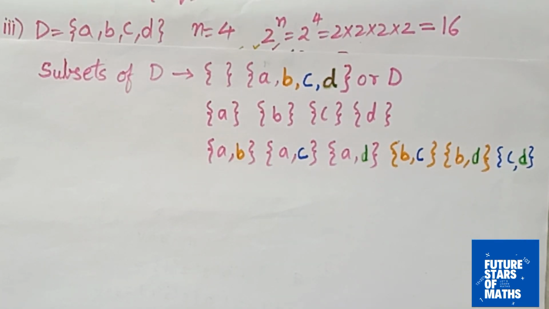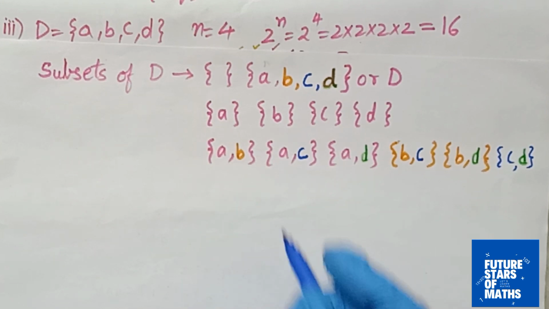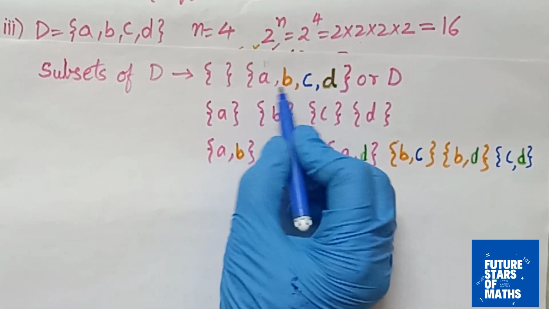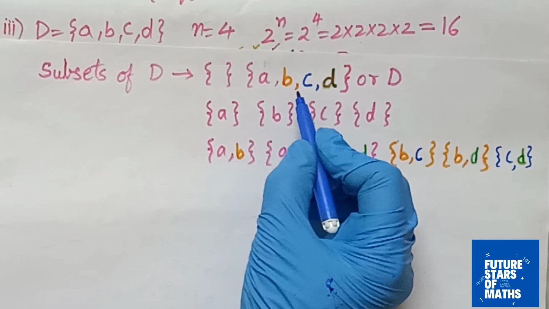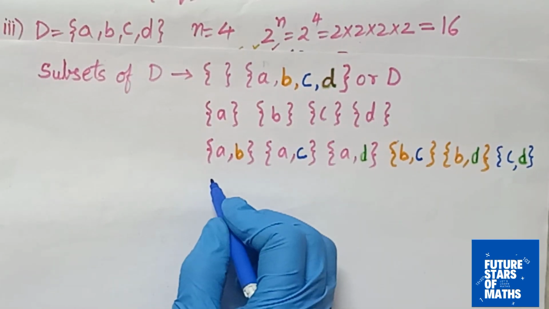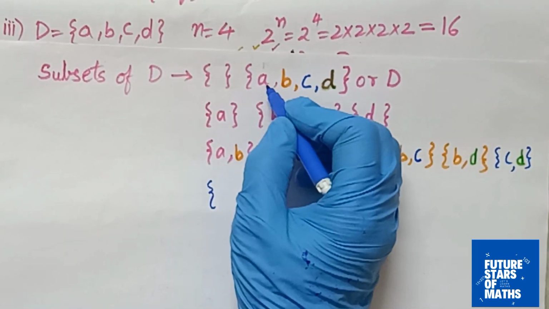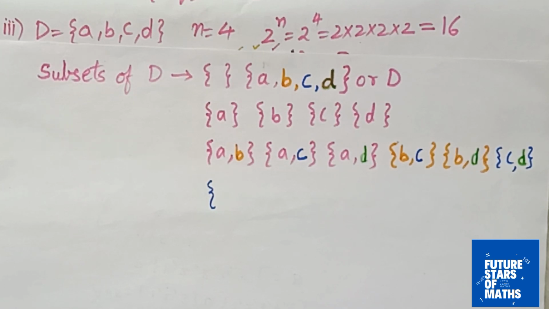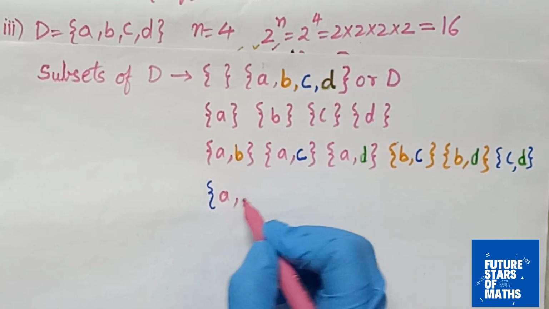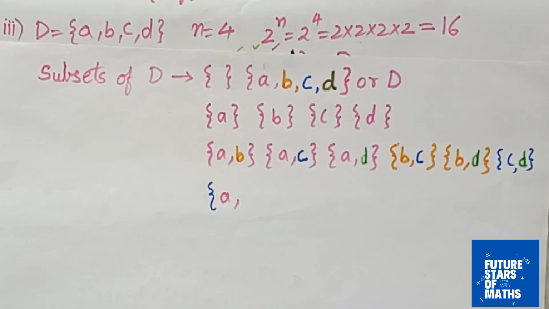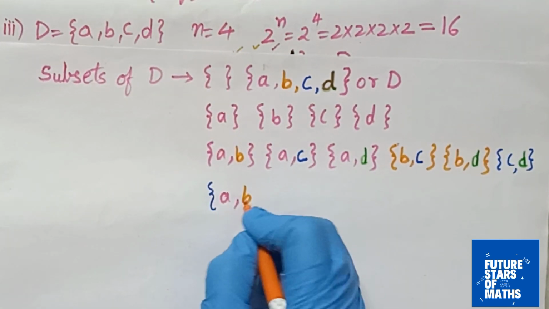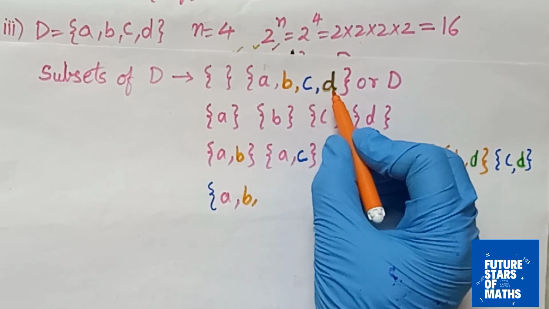Now what we have to do? We have to make 3 elements at a time. The new subsets with 3 elements. So first what we'll use? A and B first. With A and B, how many will we get? Check, students. With A and B, how many elements are left? 2.